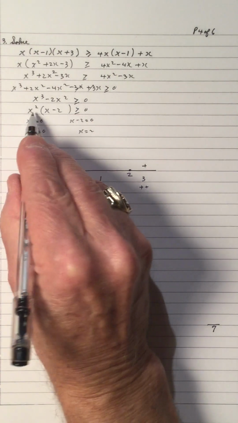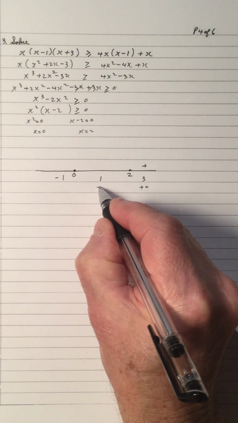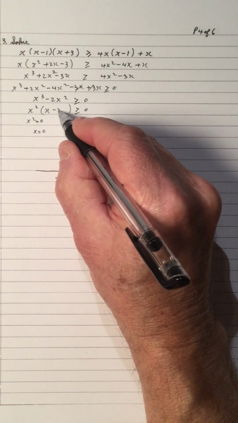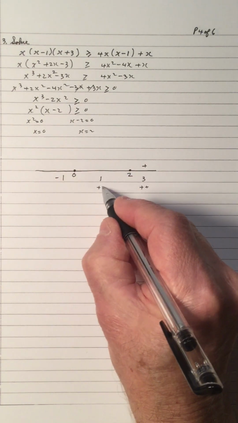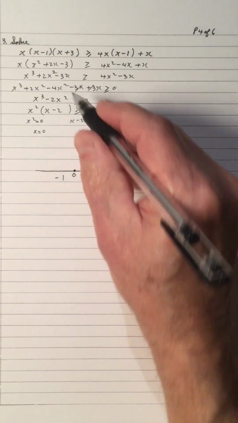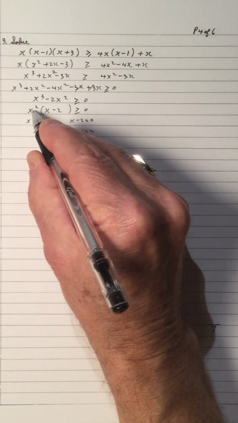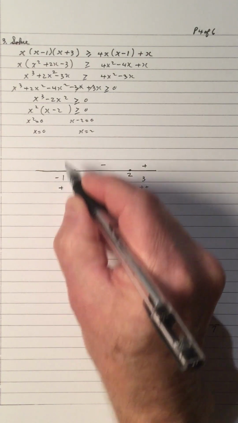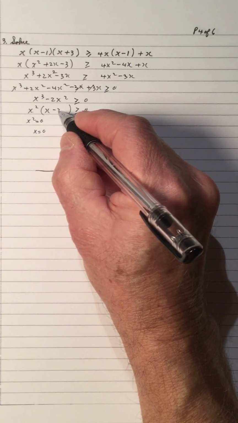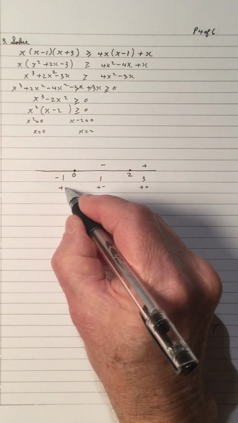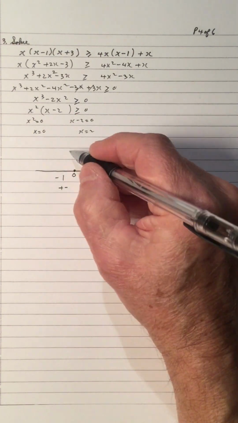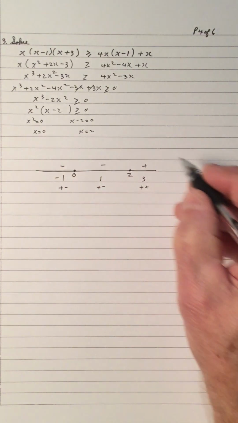We have a 1 going in. 1 squared is positive. 1 subtract 2 is negative, so that's a negative. We put a negative 1 here. We get negative 1 squared is positive. A negative 1 subtract 2 is negative. So that gives us a negative.